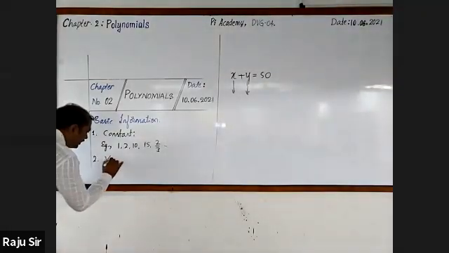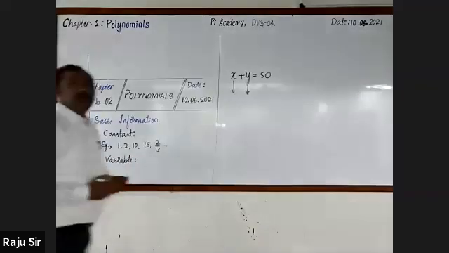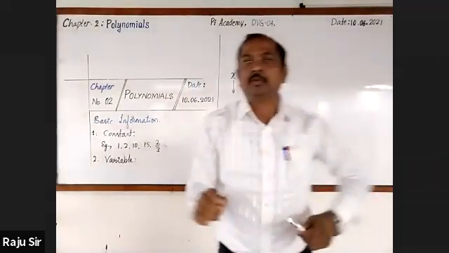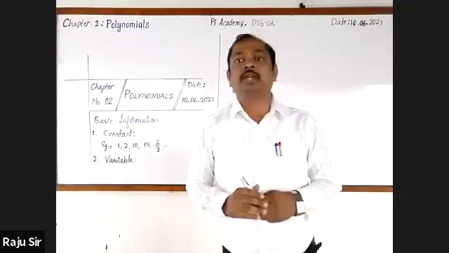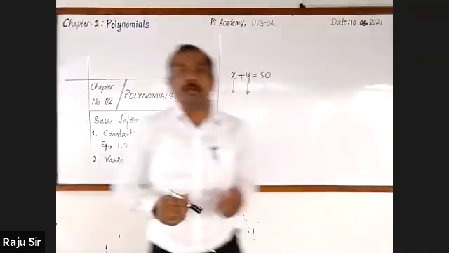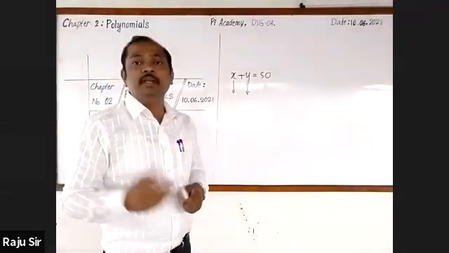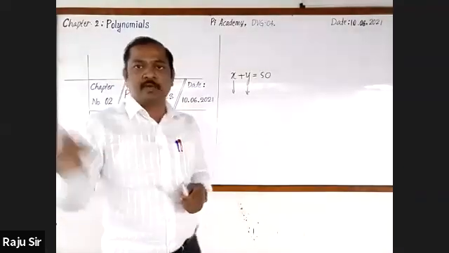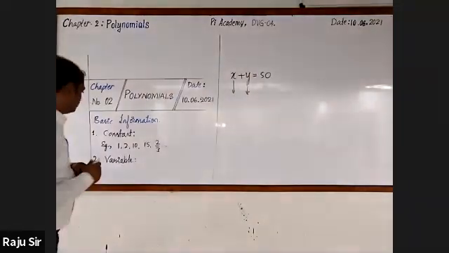This is variable. A mathematical term which is used for representing the unknown quantity is known as a variable. To represent the variables, we use English alphabet letters from A to Z, but it should be a small letter.